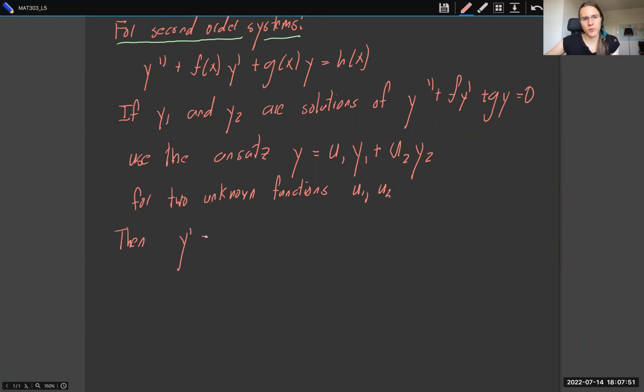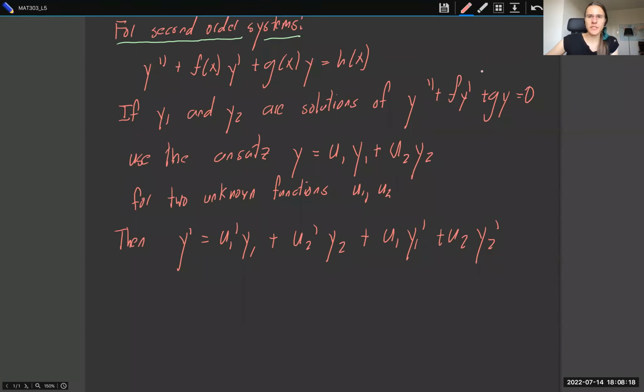I get chain rule and I get terms. At first I'm going to differentiate the u's, so I'll get u1 prime y1 plus u2 prime y2. But then I'll also get the terms in which I differentiate y, so u1 y1 prime plus u2 y2 prime.